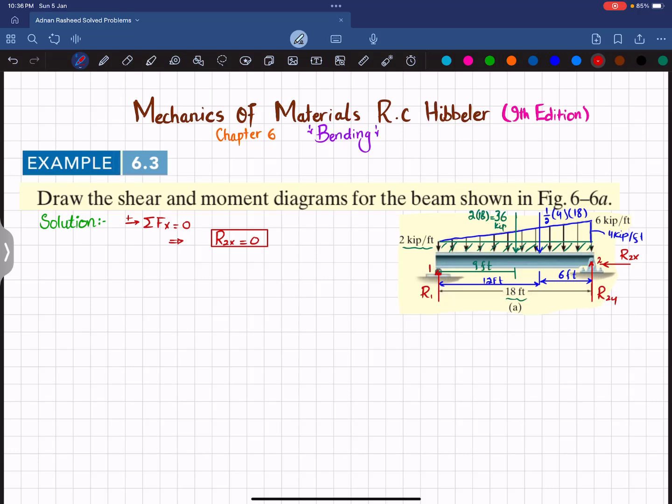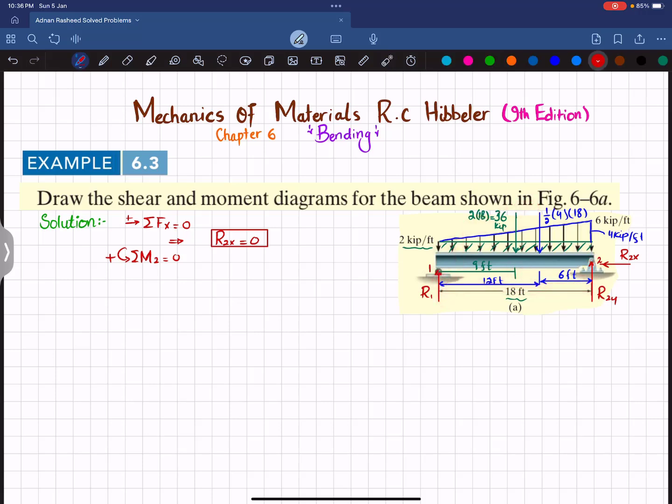Now we will find the next force by using the equation of equilibrium that the sum of all moments about point 2 is equal to 0, taking the counterclockwise moment as positive. About this point 2, the first moment will be R1 into the perpendicular distance 18, and this is producing a clockwise moment, so it will be negative.